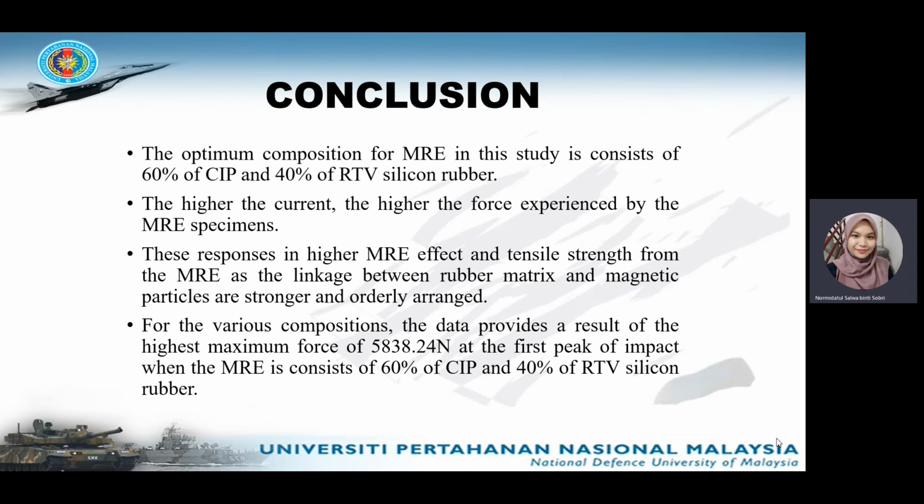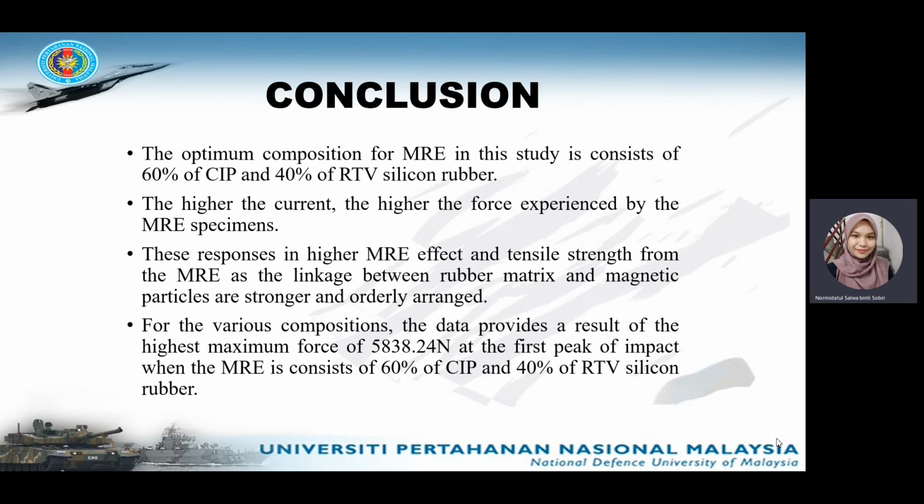So the conclusion is the optimal composition for MRE in this study consists of 60% of CIP and 40% of RTV silicone rubber. The higher the current, the higher the force experienced by the MRE specimen. This results in a higher MRE effect and tensile strength from the MRE, as the linkage between rubber matrix and magnetic particles is stronger and orderly arranged.